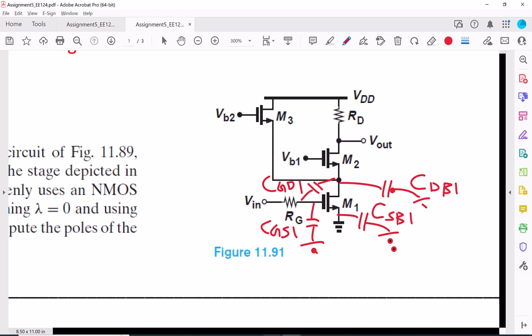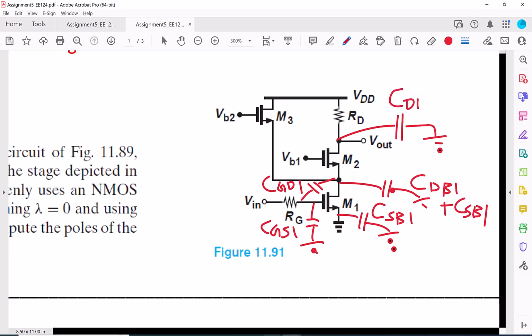Is that okay? Then to speed up, I'm going to combine them. What else do I have for this one? For the M2, I have CSB1. So CSB1, they all connect to the same place, so I just add CSB1.